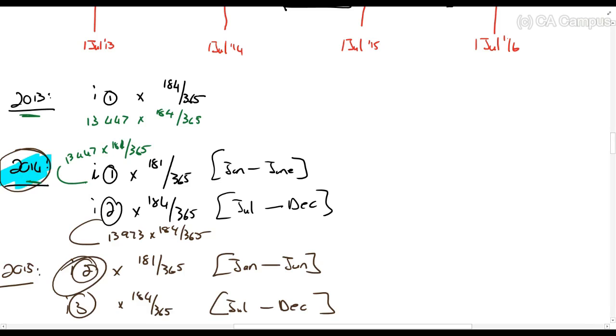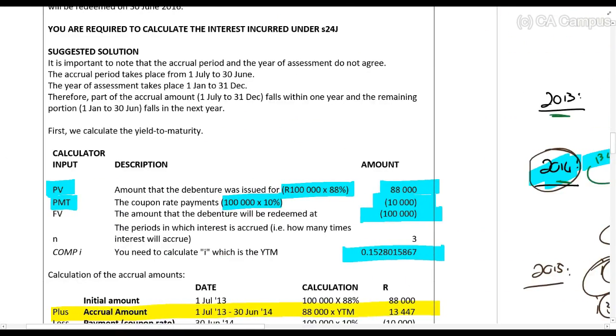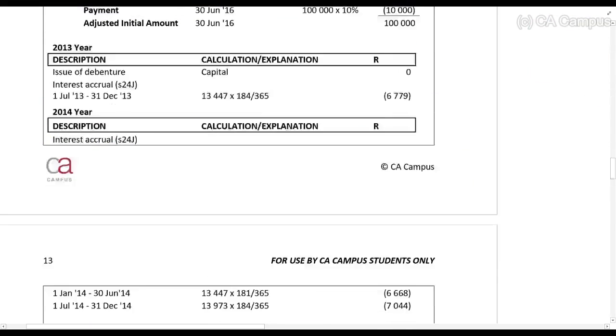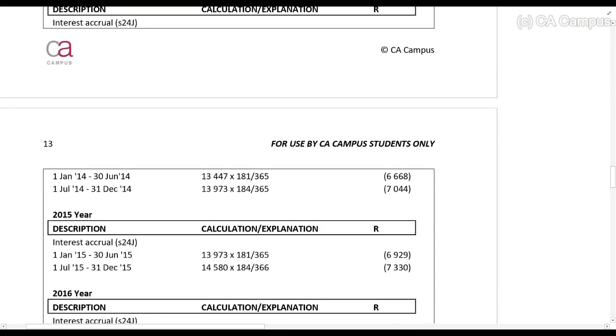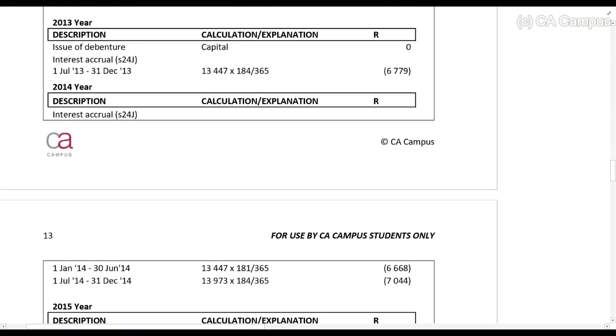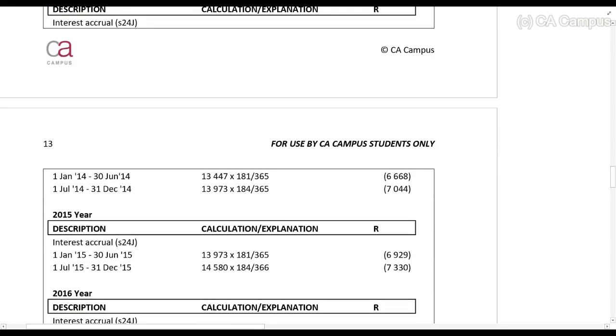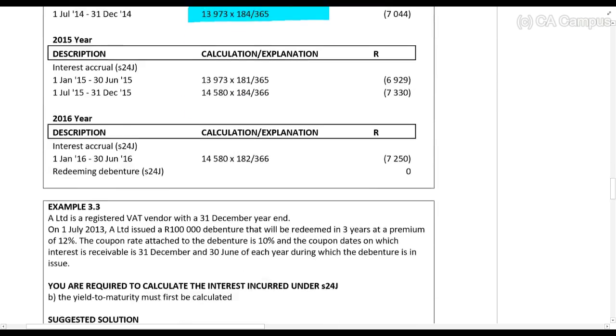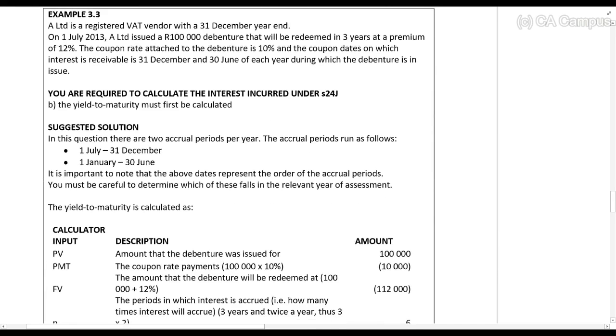So 2014 will have 13,447 times 181 over 365 and 13,973 times 184 over 365. So part of the next year. Okay, so guys, important for you to just see where it is. Make sure that you trace that through to your question.